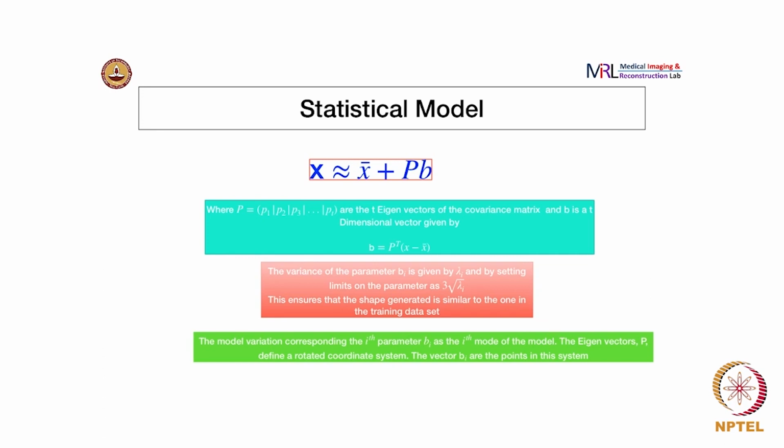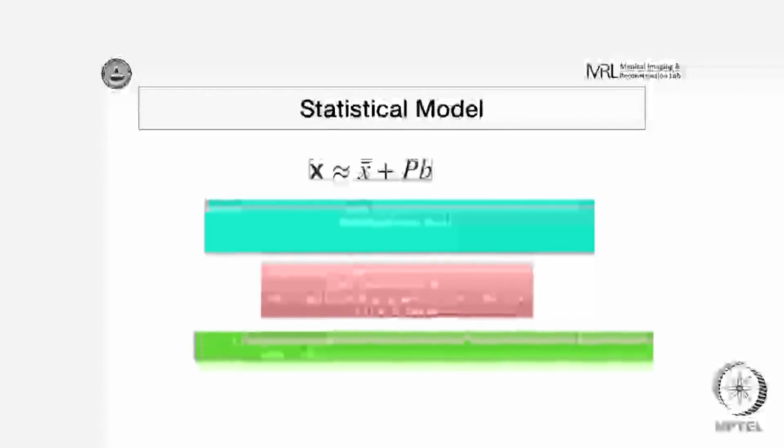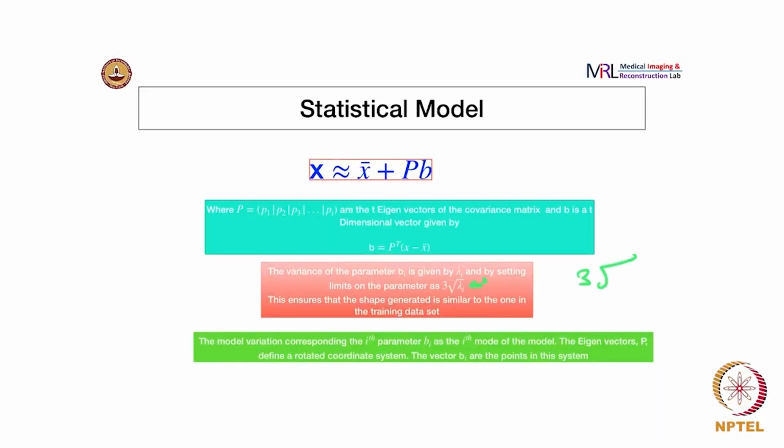So PCA also gives you this parameter, 3 times square root of lambda i, for every Bi corresponding to an eigenvector. This is actually 3 times the standard deviation, so that we know how much Bi can vary. That gives you some limit. We can't arbitrarily vary Bi, so you make sure that you always vary Bi within these limits. That's a good way to adjust shape.